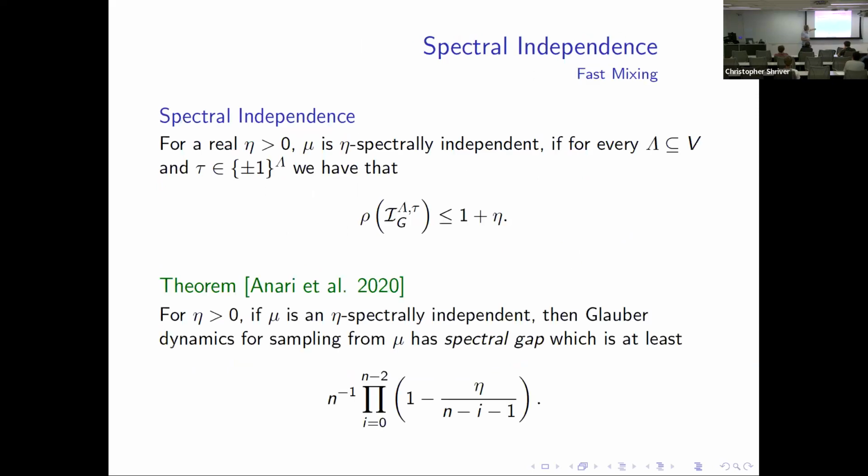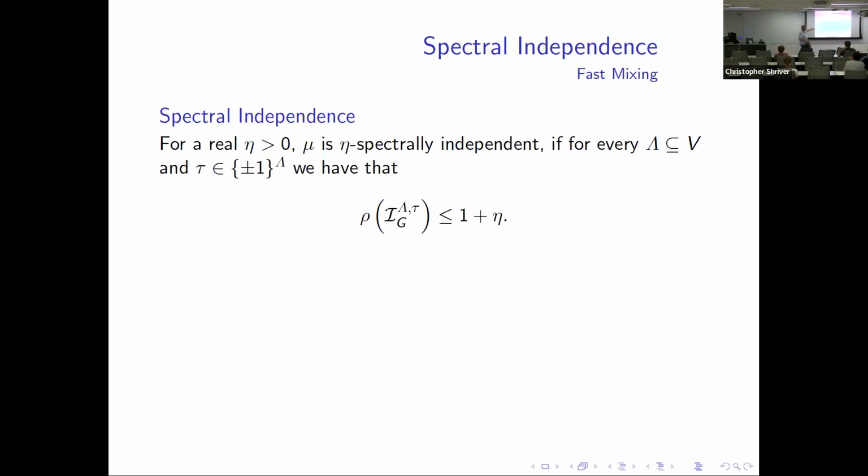Okay. So having defined the influence matrix, now we have an important notion, spectral independence. The method actually gets its name from this one.